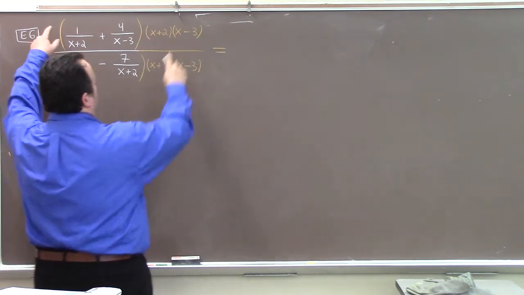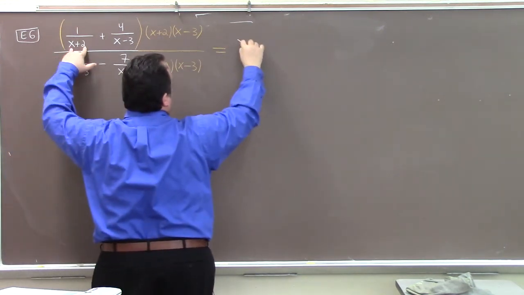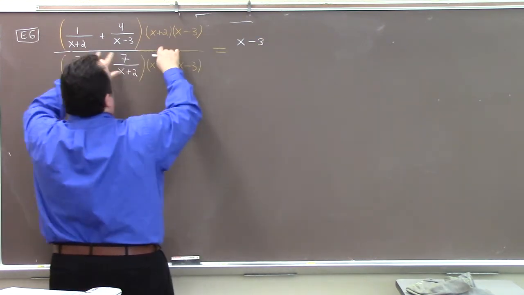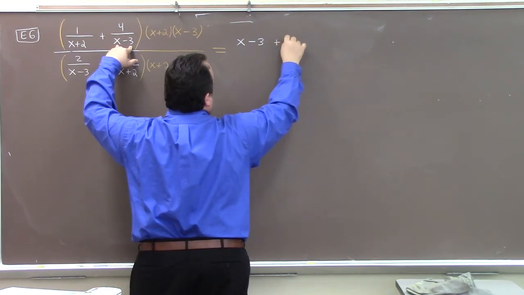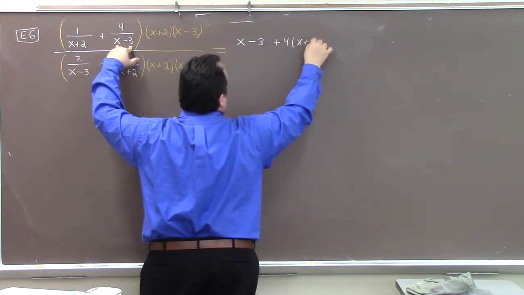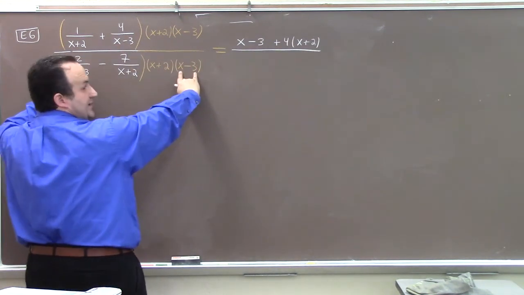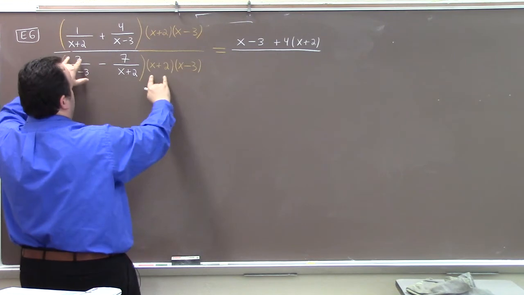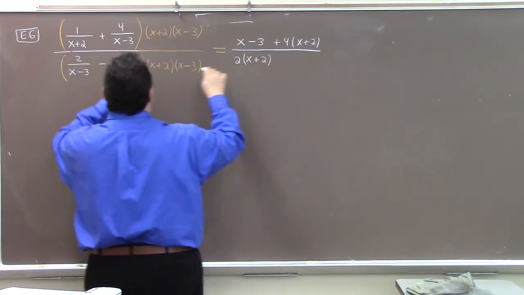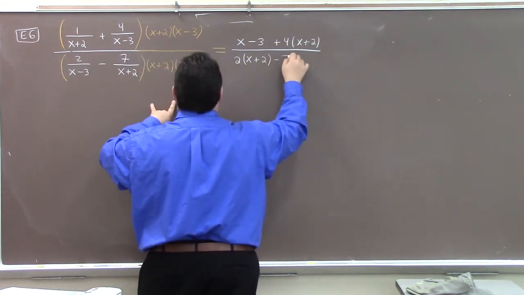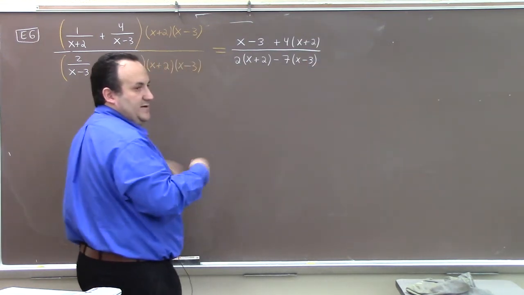And see, when you multiply this through, this x plus 2 and that x plus 2 cancel and leave you x minus 3. This x minus 3 and x minus 3 cancel, and it gives you 4 times x plus 2. And then down here, this x minus 3 and x minus 3 cancel. Yeah, 2 times x plus 2. Right, don't lose the minus, of course. And then you can clean things up a bit, right?